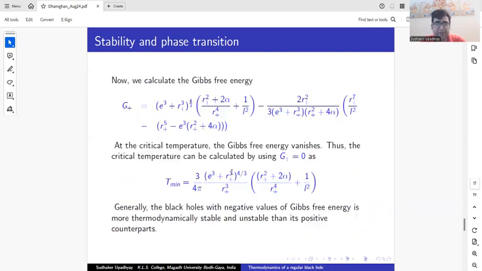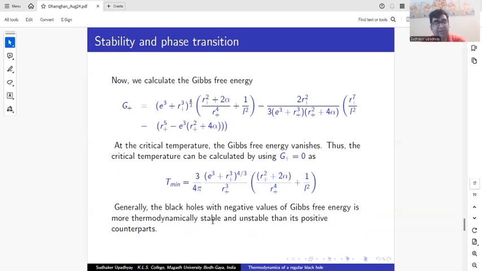Further, if you calculate the Gibbs energy, you will find this expression, and we find that at the critical temperature this expression vanishes. So vanishing Gibbs free energy will give you a critical temperature, which is found like this.